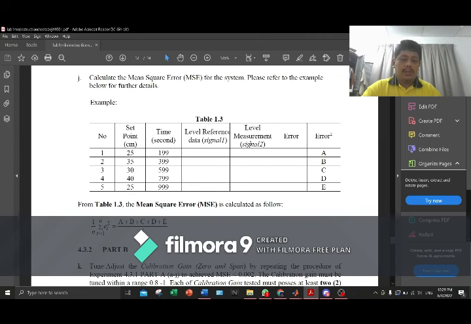After we have both values, we can calculate the error and the error squared. Based on the new error squared results, we can find the value of the MSE, which is the mean square error.